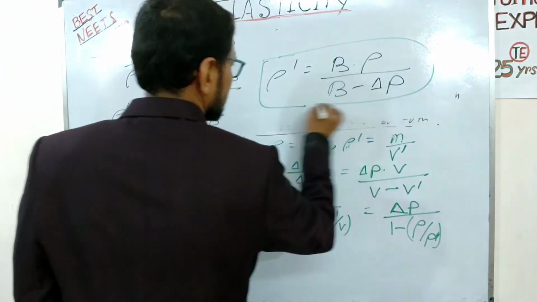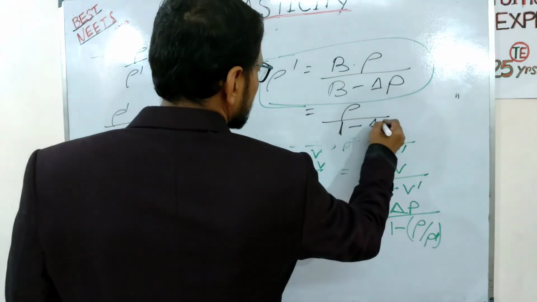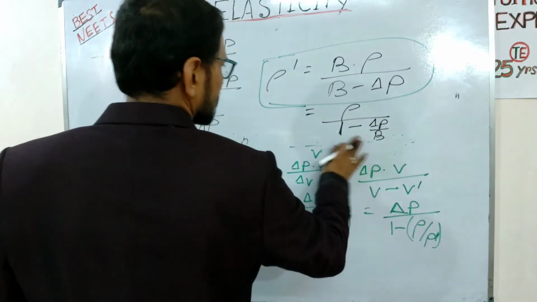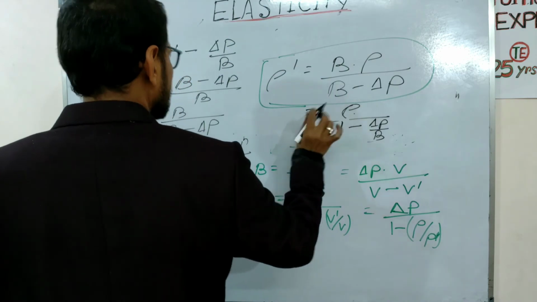If we divide by B, it is rho over 1 minus del P by B. So this is the formula. Next.